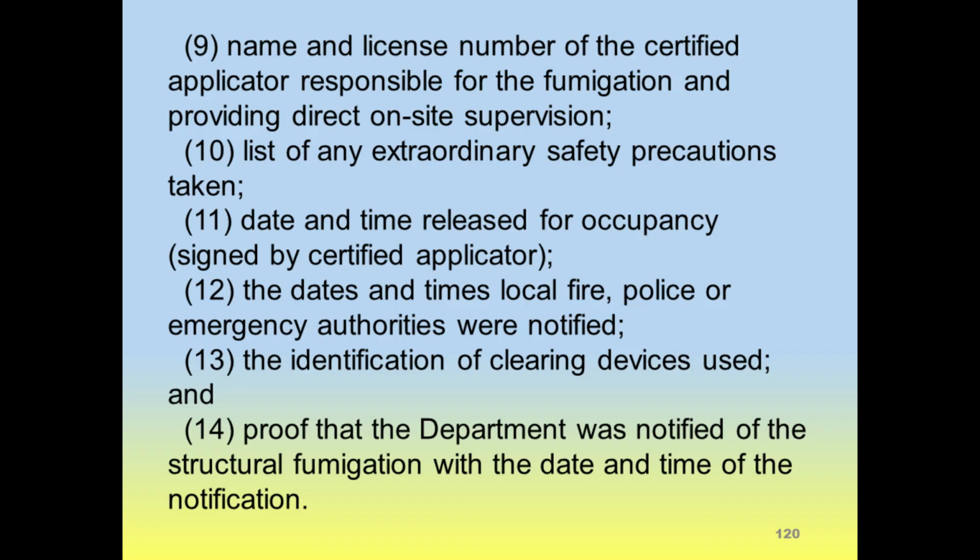The dates and times local fire, police, or emergency authorities were notified. 13. The identification of clearing devices used. And 14. Proof that the department was notified of the structural fumigation with the date and time of the notification.